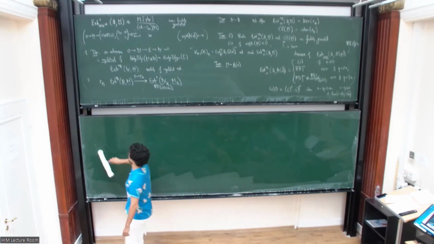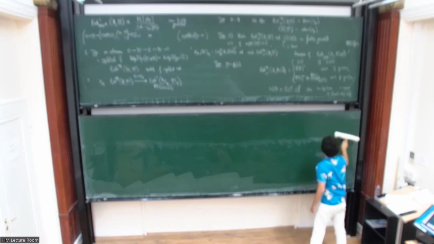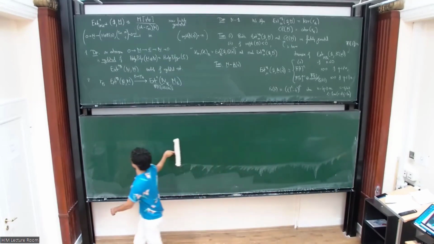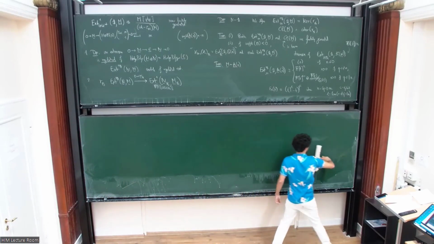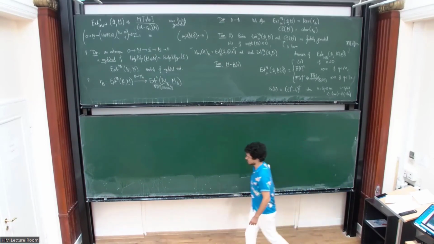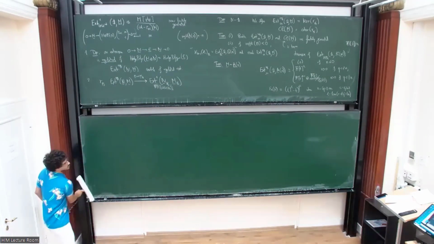I think the denominator is roughly B_n over n. The torsion of the K-group is something like the denominator of B_n over n, up to a power of 2 maybe.